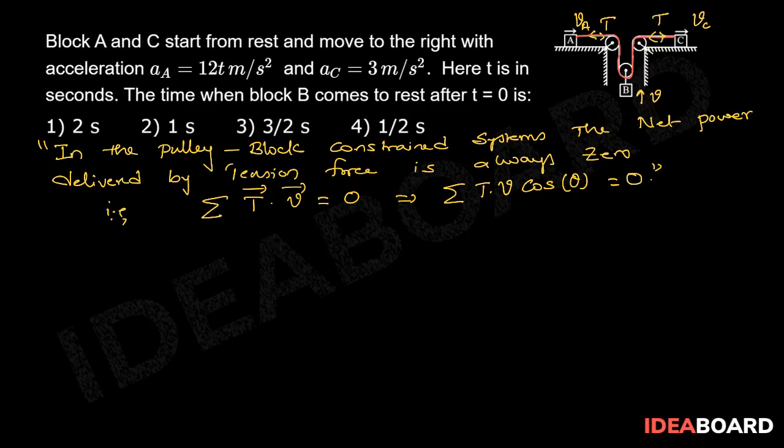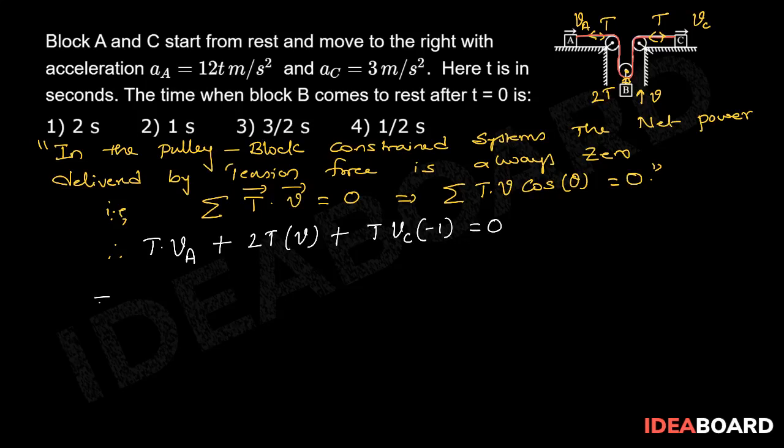Since the pulleys are massless, the tension in the string connected between this movable pulley and block B should be equal to 2T. Therefore, we can write T multiplied by VA plus 2T multiplied by V plus T multiplied by VC into minus 1 is equal to 0.